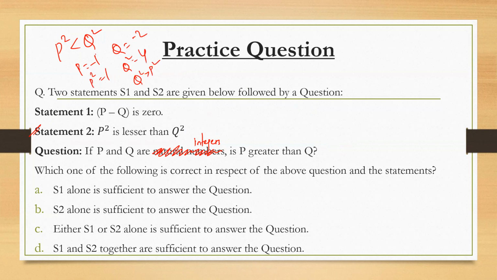But when we talk about P and Q, what is the nature here of P and Q? P is greater than Q. So even though P is greater than Q, we see that Q squared is greater than P squared. The reason is because it is negative integers. So when we talk about integers, we cannot definitely say that statement 2 will be able to answer our question. Okay, so I hope this concept is clear.